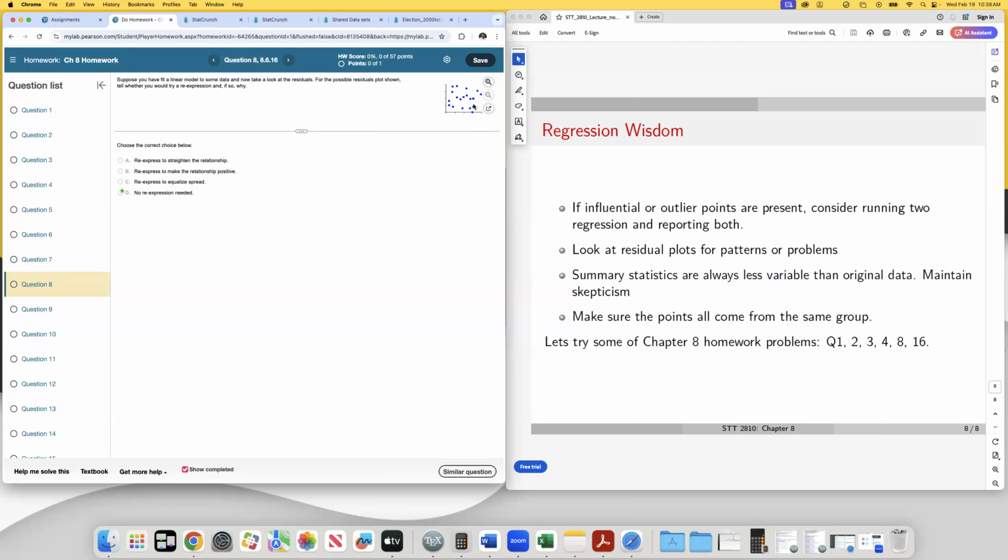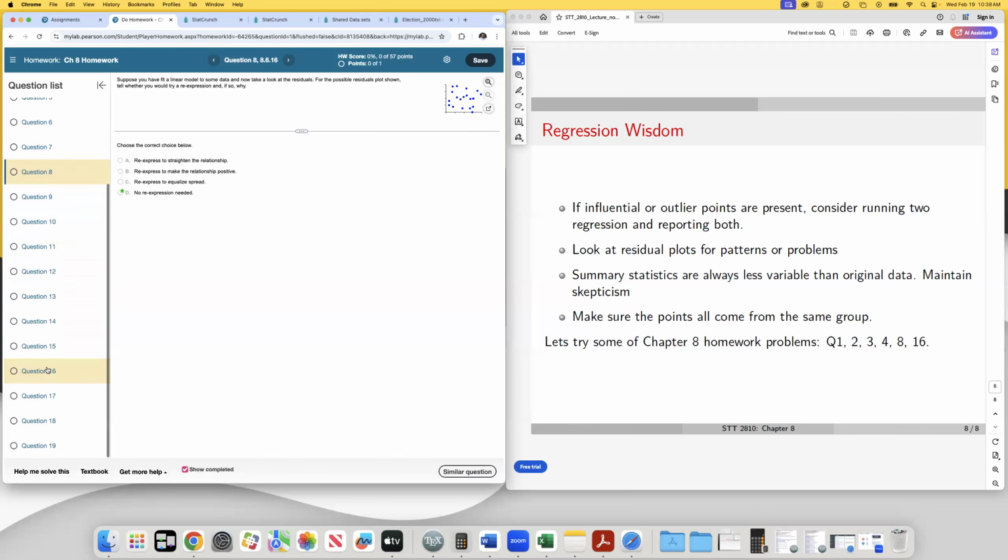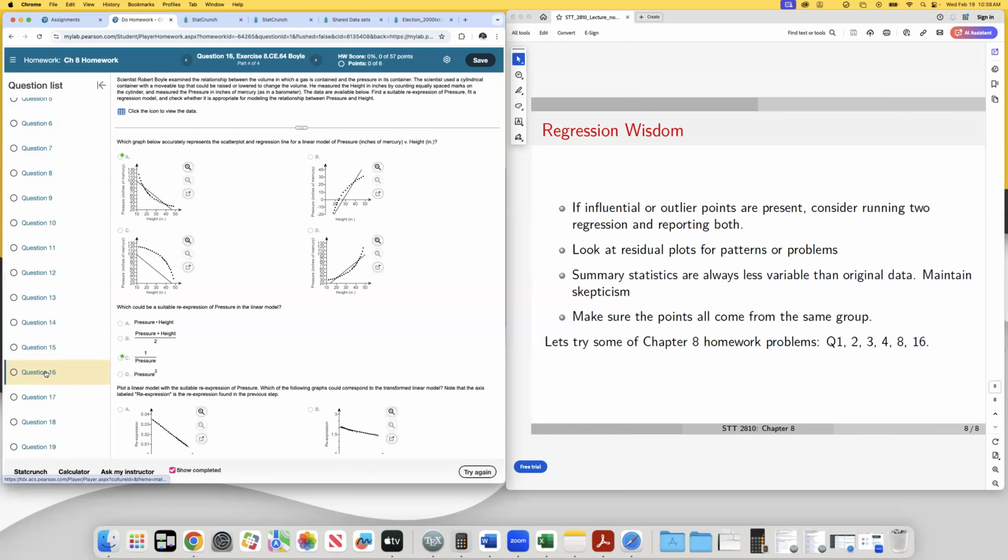The other one we want to look at is question 16. For question 16, we are told that scientist Robert Boyle examined the relationship between the volume in which gas is contained and the pressure in its container.